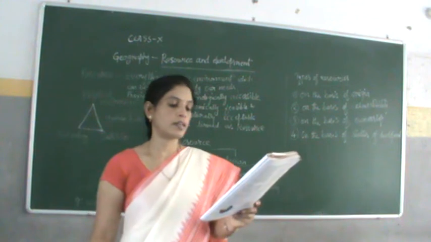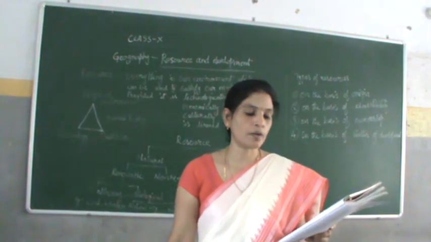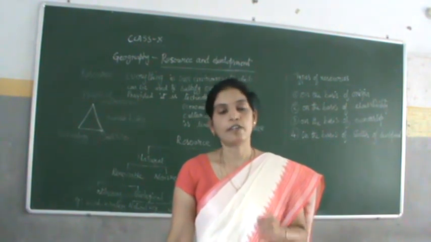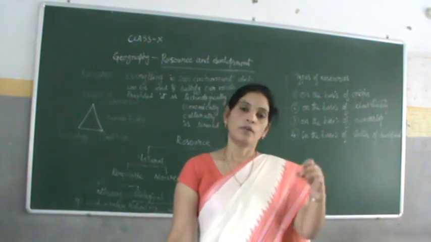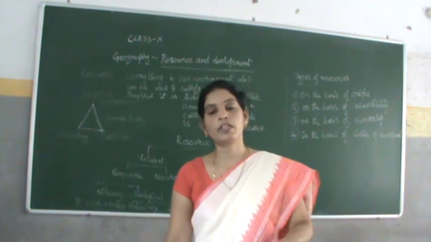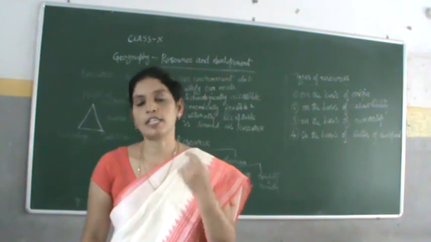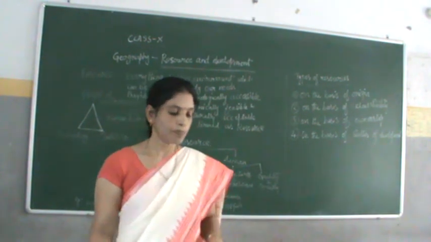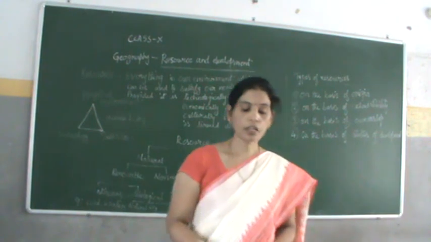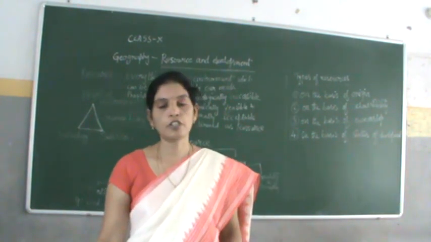The third step is matching the resource development plan with the national development plan. Whatever resource development plan we make should be on par with the nation's development plan, due to which resource development can easily take place. This is how the process of resource planning should take place.